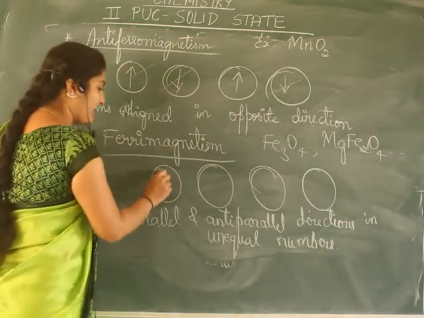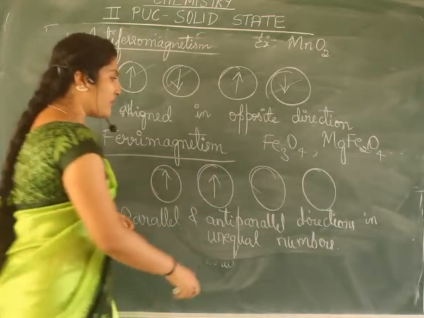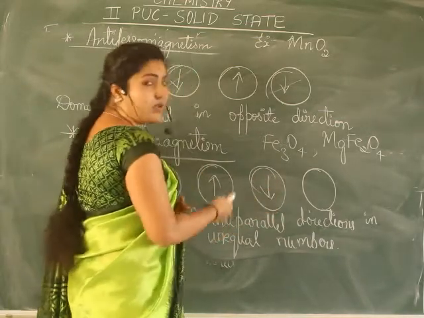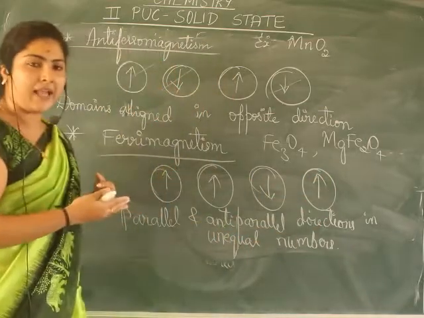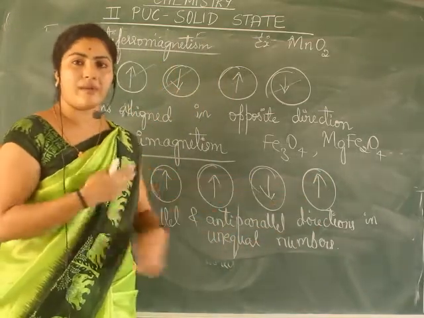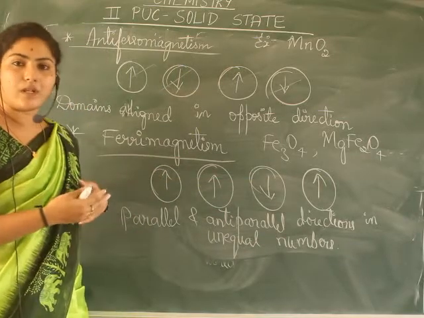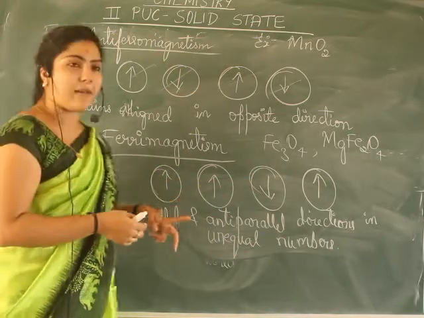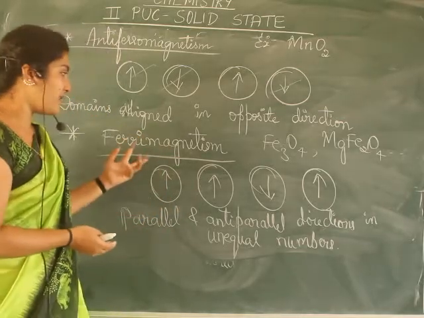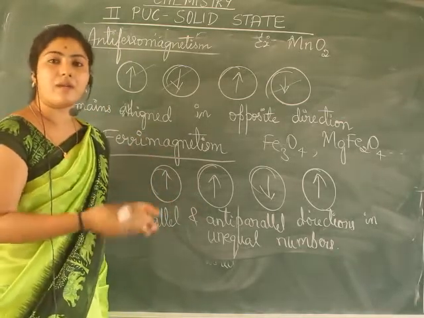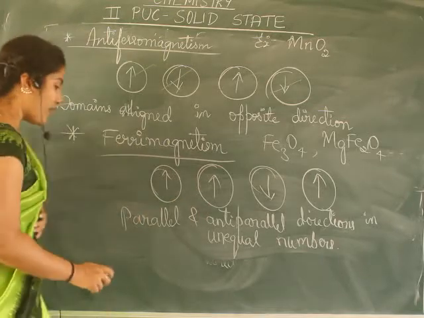But here, if two are in parallel direction, one might be in opposite direction, again one might be in parallel direction. So the domains will be aligned in unequal numbers. Again, when it is heated, it loses its ferrimagnetism, and it gets converted into a paramagnetic substance.